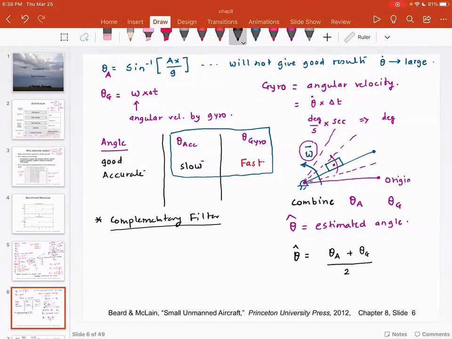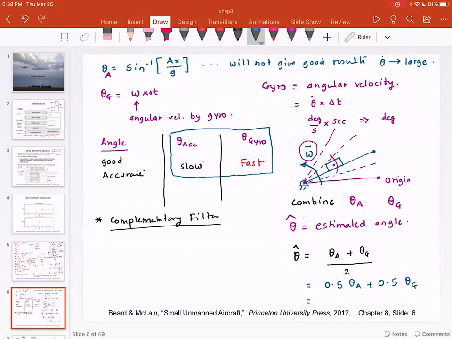Yeah, of course, there is an error. I completely agree. There is an error. But what I want to do now is I want to minimize. So here is how it's going to happen. I would say 0.5 theta A plus 0.5 theta G.